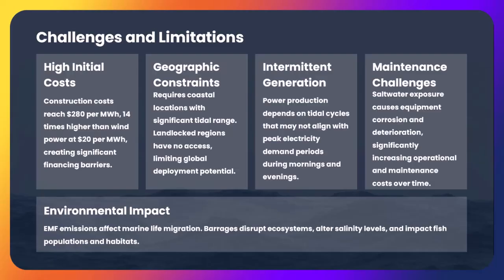Then one maintenance challenge is saltwater exposure, which causes equipment corrosion and deterioration, and significantly increases the operational maintenance costs. Then environmental impact, emission effect, marine life mitigation. When there is any fish or any other ocean living organism, it may get disturbed by the placing of blades.